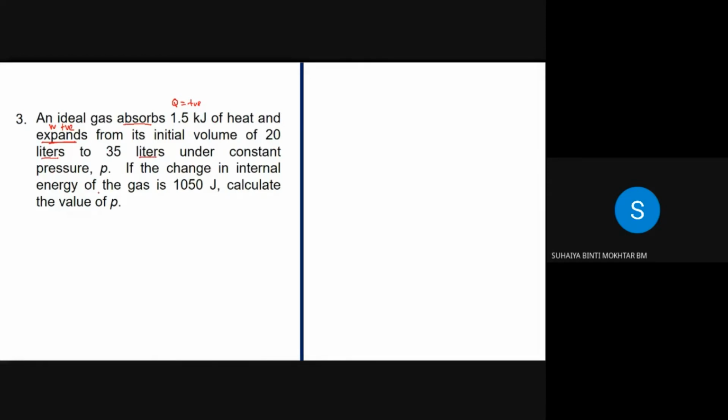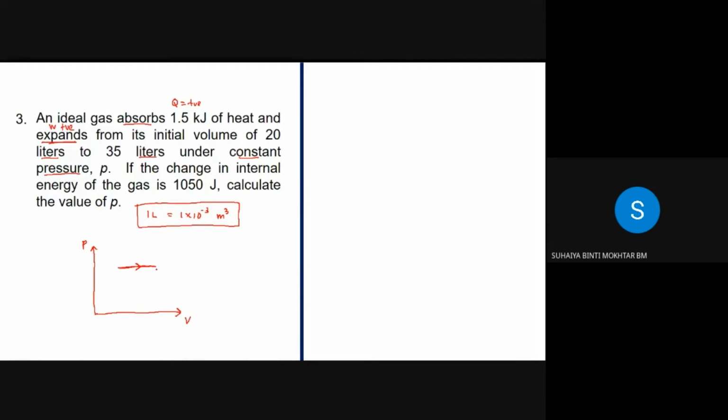So 1 liter equals 1 times 10 to the power of negative 3 meter cube. Under constant pressure, our case is isobaric. So we can sketch the graph even though it is not asked. Our case is only constant pressure like this, right? The arrow direction is expand, so volume increases. So the arrow must be to the right.